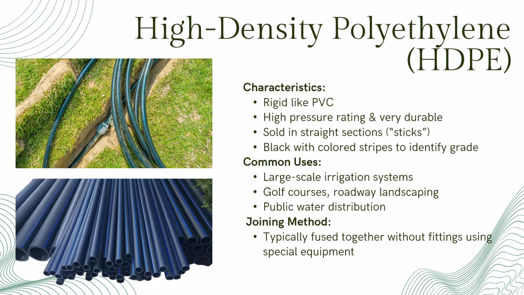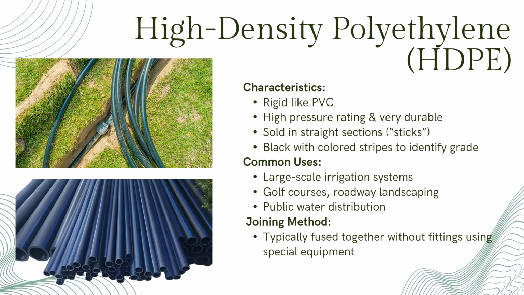High-density polyethylene, HDPE, is the toughest of the poly pipe types. Unlike LDPE and MDPE, which come in rolls, HDPE is rigid like PVC and sold in straight sections, often called sticks. It has a high pressure rating, making it a great fit for large irrigation systems. Think golf courses, roadway medians, and even public water distribution systems.